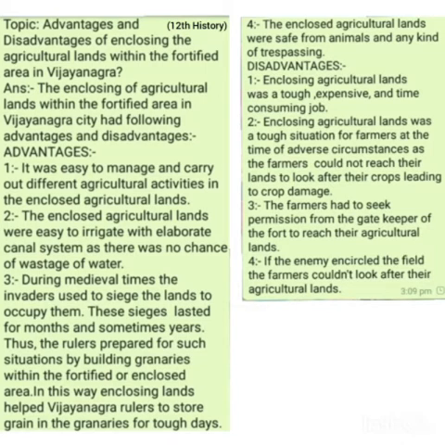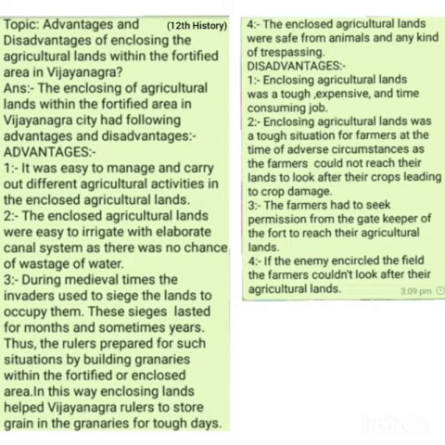Our today's topic for 12th class students of history subject is: what do you think were the advantages and disadvantages of enclosed agricultural lands within the fortified area of the city? Dear students, one of the most important features of Vijayanagara was that this city was fortified on all sides.